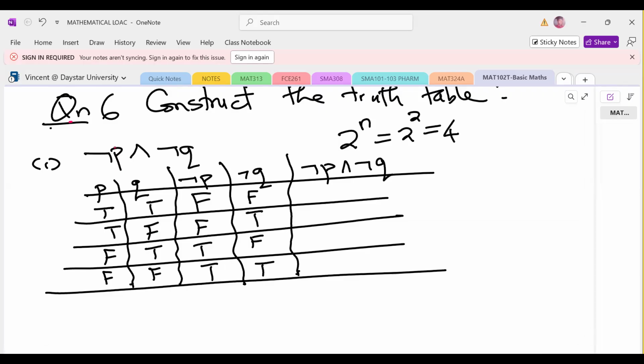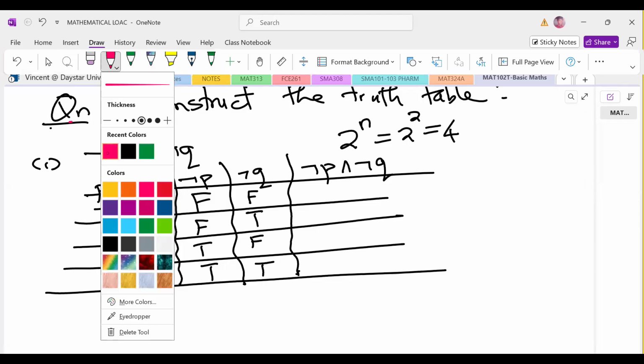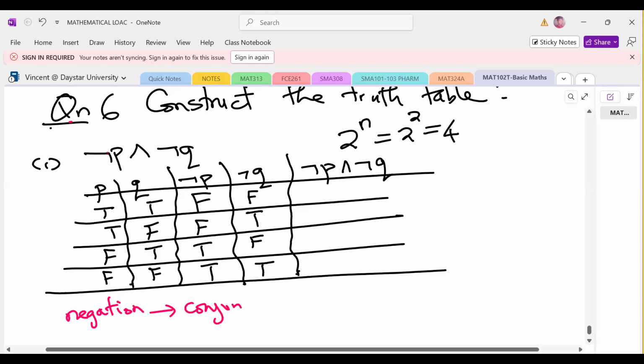Okay, so that's the difficulty, that's why we are in this class. Those small bits that you are having difficulty with, that's why we are doing these classes. So the key thing is, remember, this is usually the structure of how these logical operators are ordered. First we start with negation. Then after negation we go to conjunction. Then from conjunction we go to disjunction.